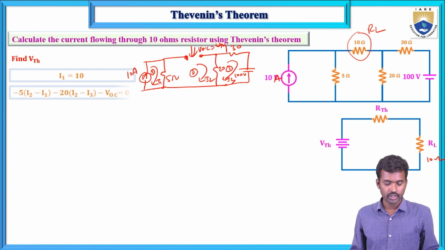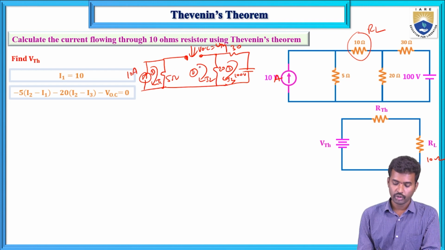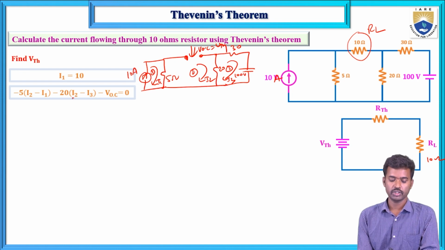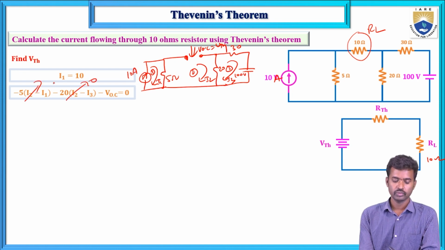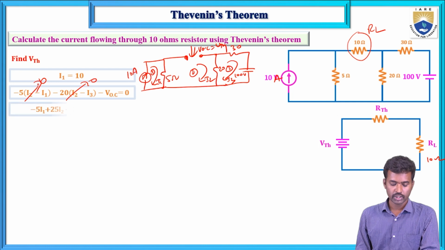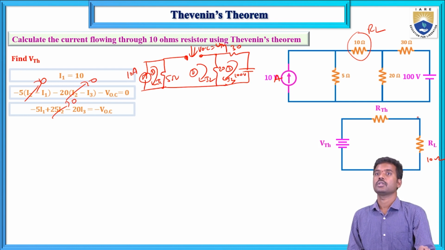So now I1 equals 10, and if you apply KVL, minus 5 I2 minus I1 minus 20 I2 minus I3 minus V3. Here I2 equals 0. Now the third mesh equation. Simplified, with I2 equals 0, minus 5 I1 minus 20 I3 equals minus VOC.